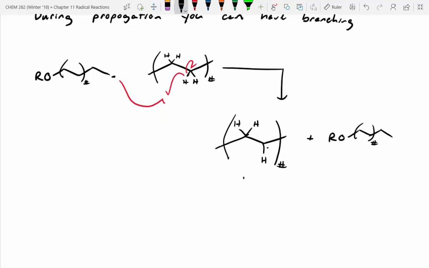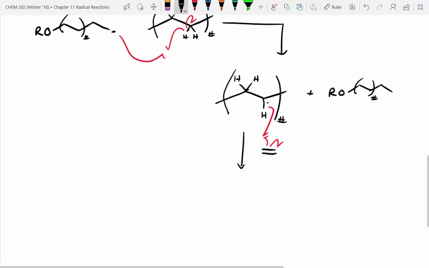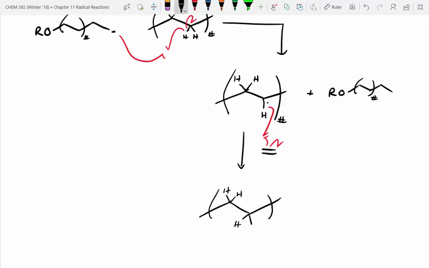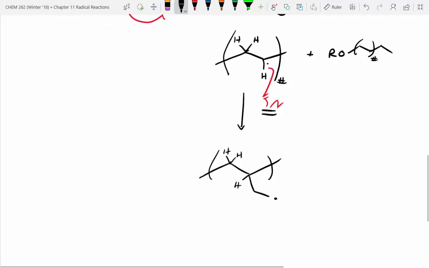So these would be our two products from that step after the abstraction. And then this one can now propagate with ethylene. And when it does that, you still have a radical, but now it's coming off that ethylene side. And this can keep on reacting with more and more ethylene.